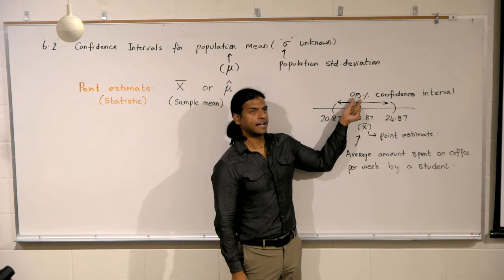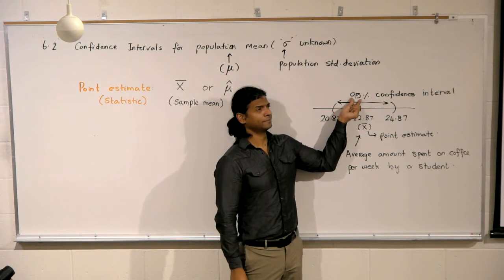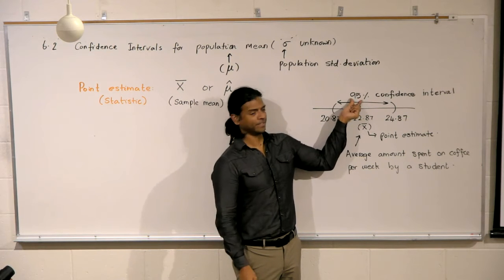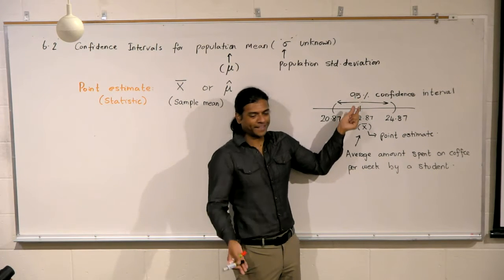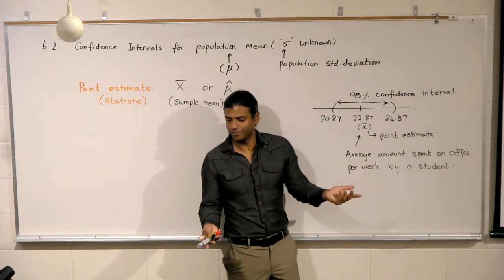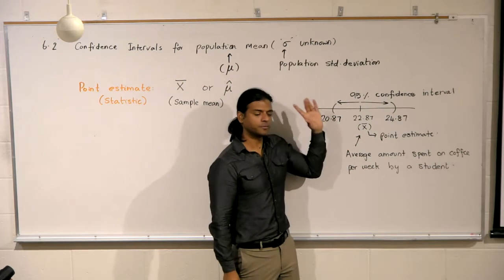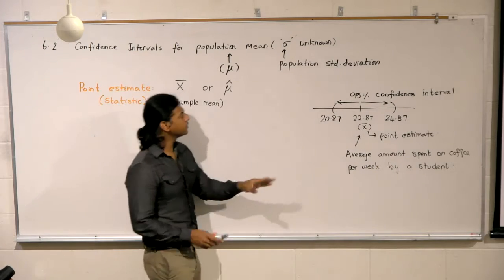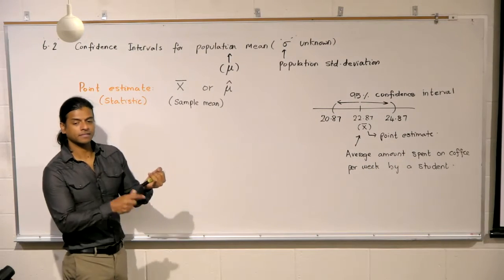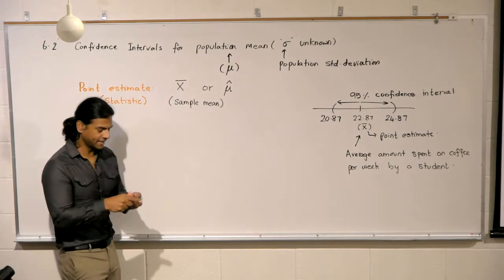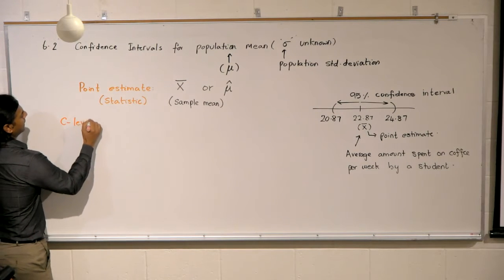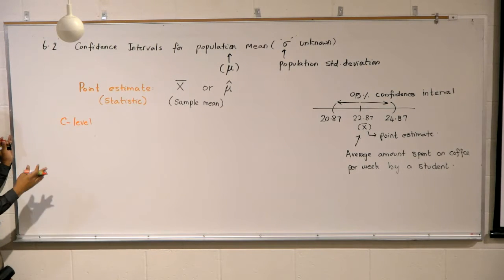Would you want to have an interval with 20% confidence? That's the answer, right? Would you want to say something with only 20% confidence? We typically want that number to be bigger than 90. So the usual values are 90%, 95%, and 99%. The calculator calls it a C level.